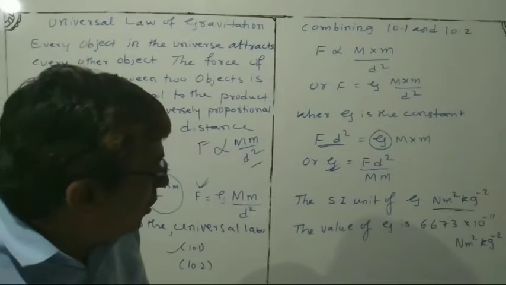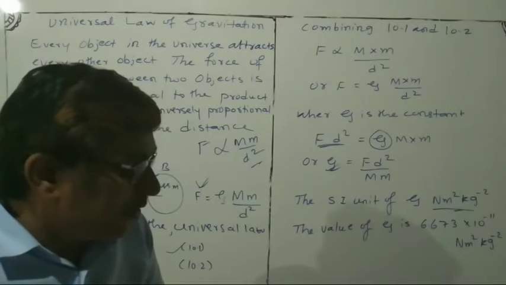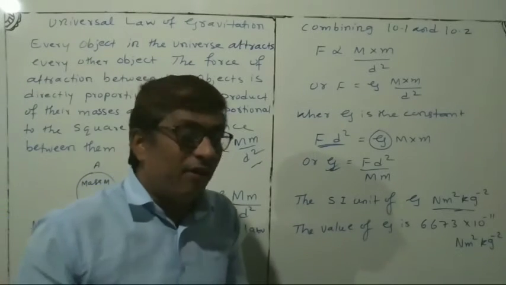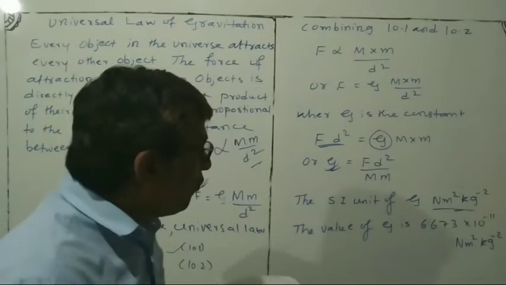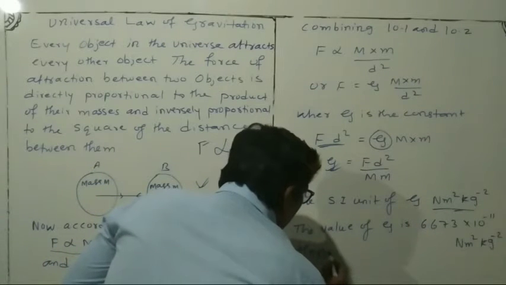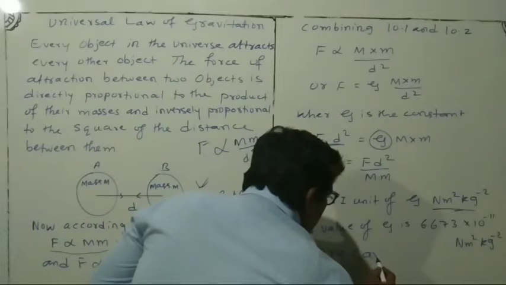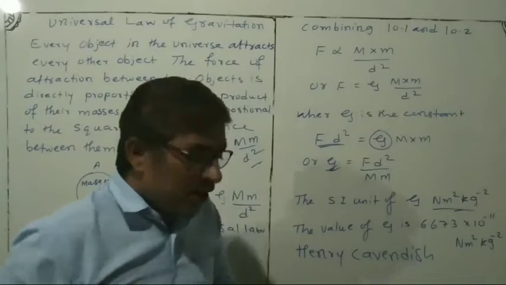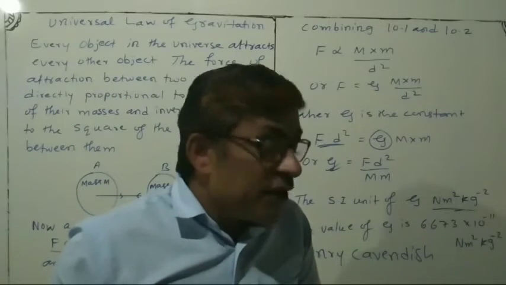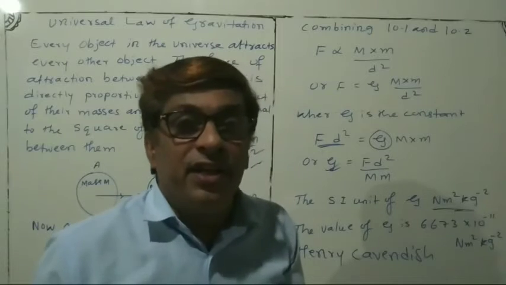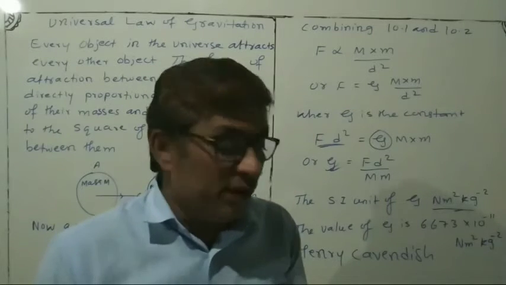Then what is the value of G? The value of G was found out by Henry Cavendish, H-E-N-R-Y, Henry Cavendish, C-A-V-E-N-D-I-S-H, who lived between 1731 and 1810. That is the duration given.